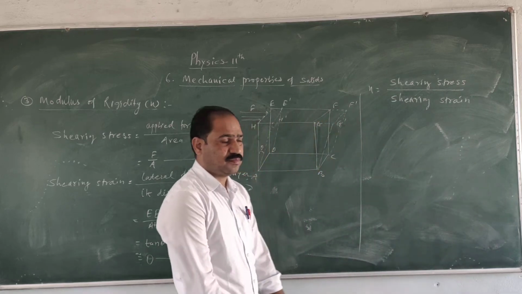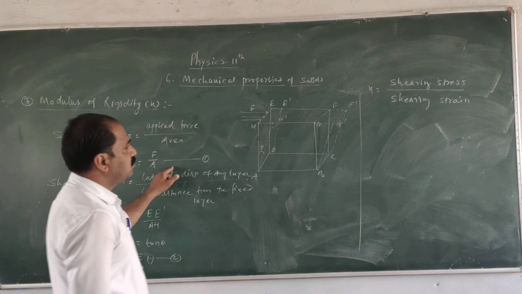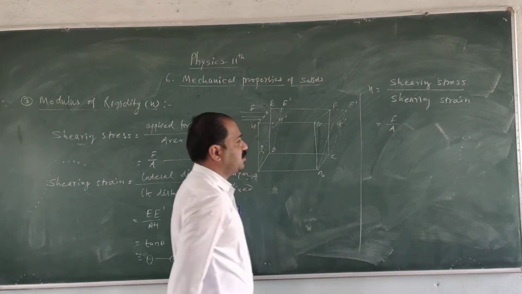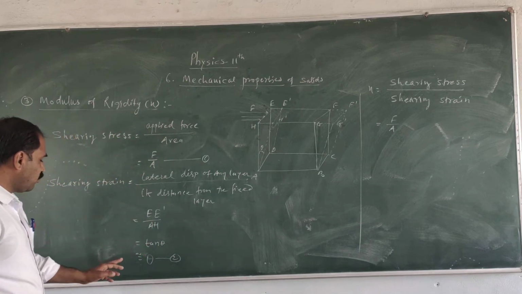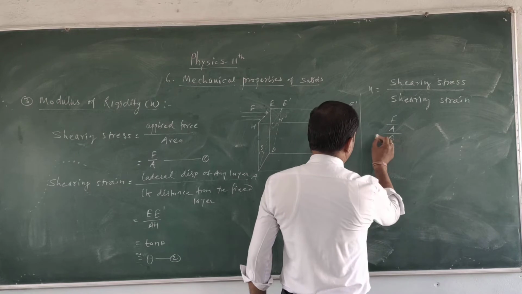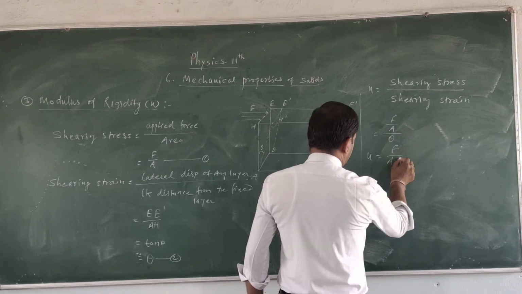Put the value of the shearing stress from equation number 1, that is F upon A, and the shearing strain from equation number 2, theta. Therefore eta is equal to F upon A into theta.